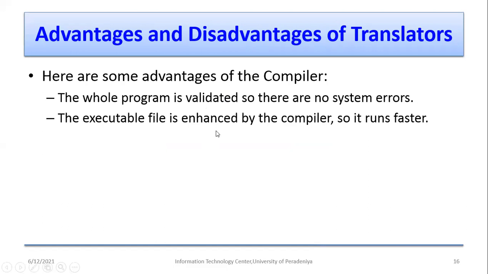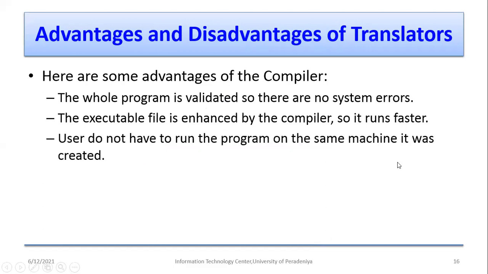Then the executable file is enhanced by the compiler, so it runs faster. So the user does not have to run the program on the same machine it was created on. The user can run that program on another machine.